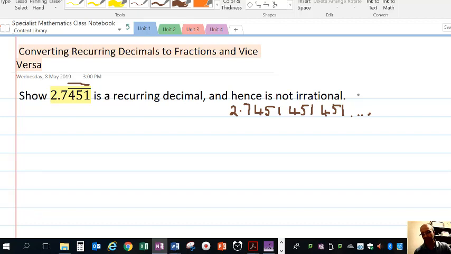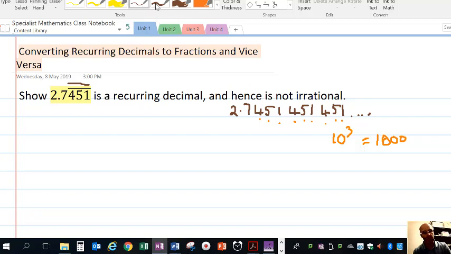What we need to do is, quote unquote, get rid of the recurring bits, which is the 451. So how many digits are recurring? Well, you can count to three, can't you? 451, 1, 2, 3. So there are three digits. When there are three digits recurring, multiply by 10 to the power 3, aka 1000.